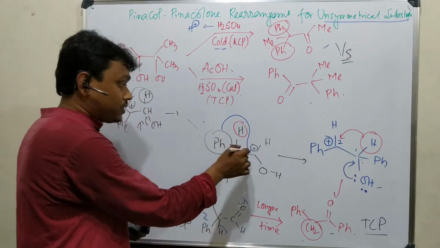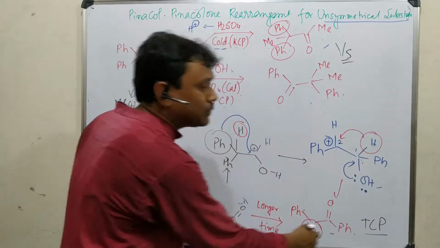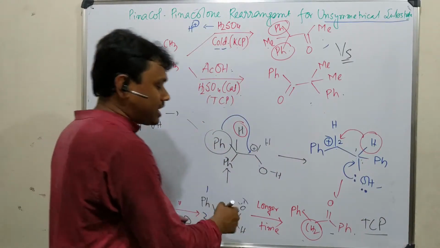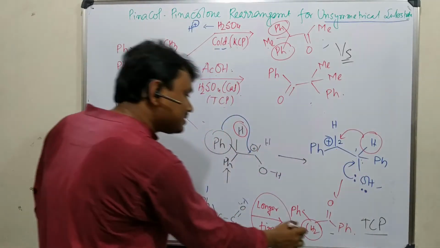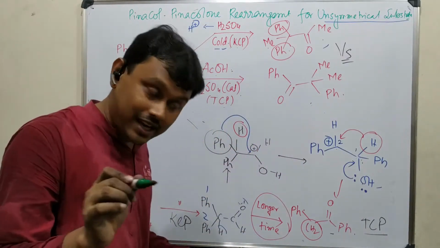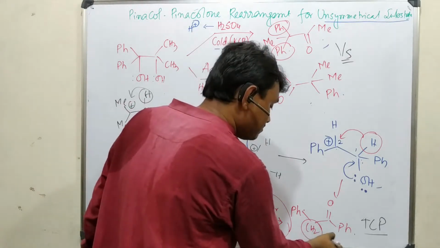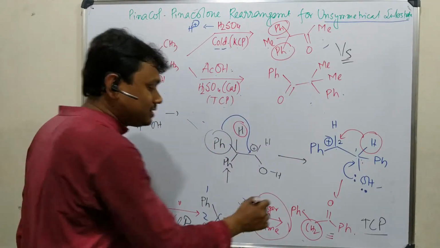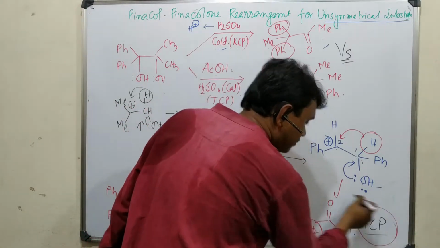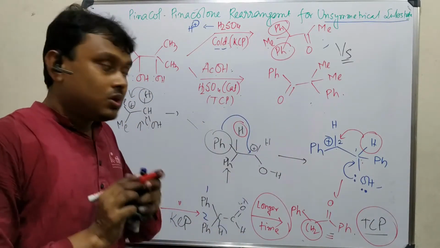But if this happens, we get a different product. And after a longer reaction time we are getting this, which means it is happening significantly. Since there is a competition, a longer time is needed, and this is the thermodynamically controlled product.